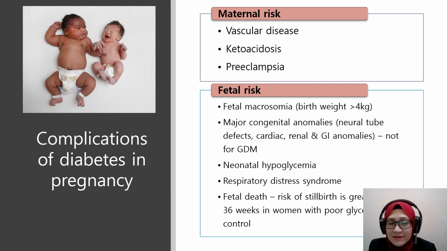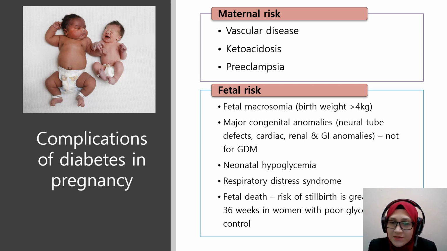For the fetus, there is an increased risk of being born large. This is the big baby syndrome or fetal macrosomia, which is a birth weight of more than 4 kilograms. If the baby was born more than 4 kilograms, usually the mother is diabetic, but it's not necessarily so, but it increases the risk of having a big baby.